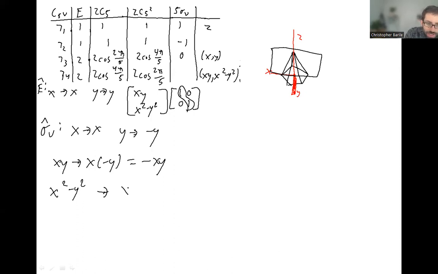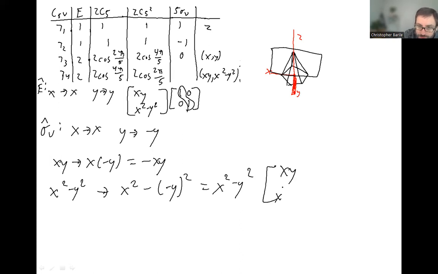And so x went to x, that's going to stay x squared. Y went to minus y, so we're going to plug that in for y there. But that's going to get us x squared minus y squared. So we're going to end up with our 2 by 2 matrix very simply here. This is the fun, easy part.